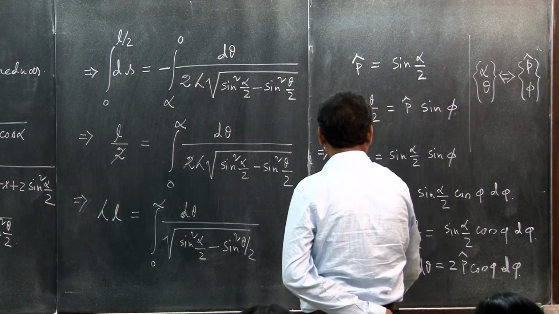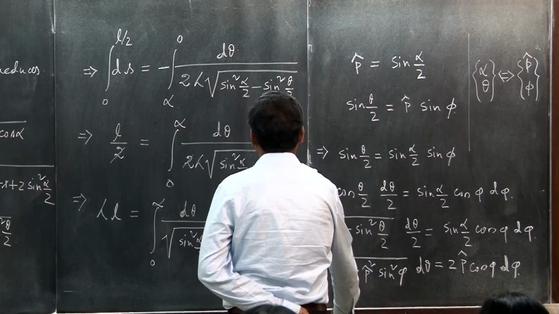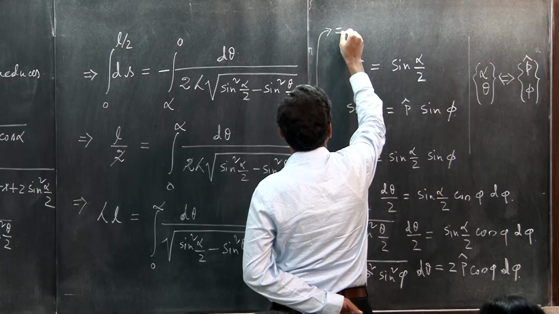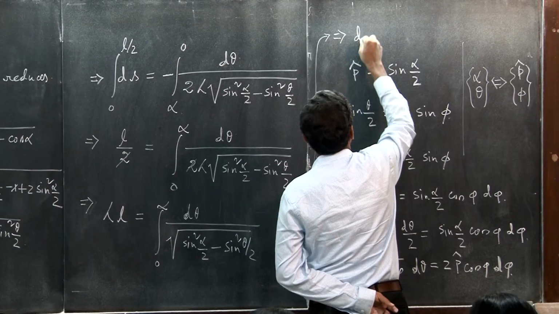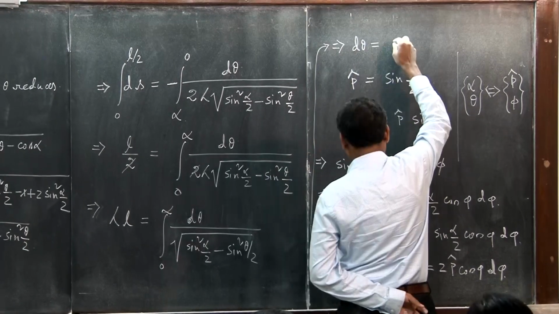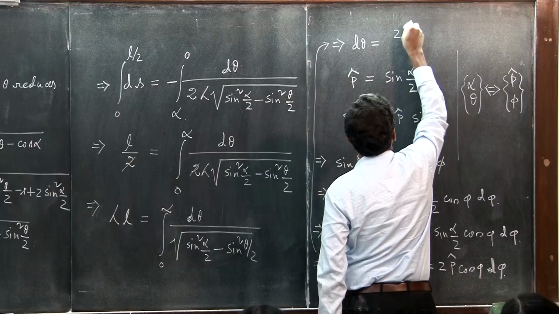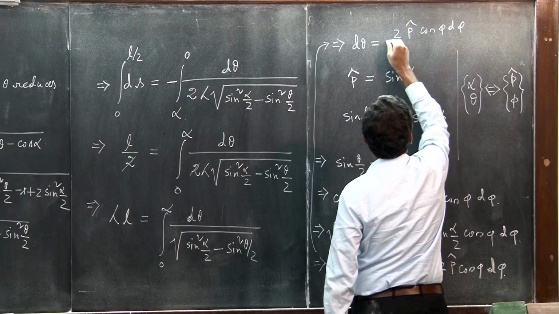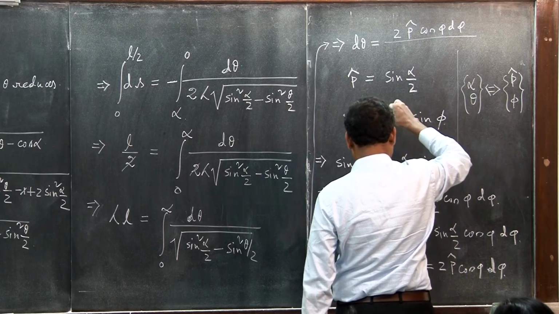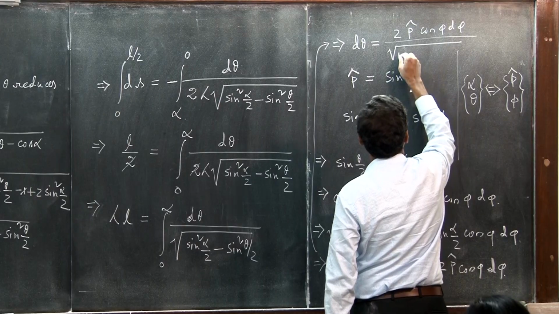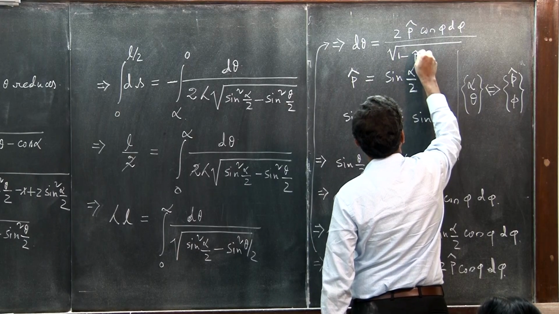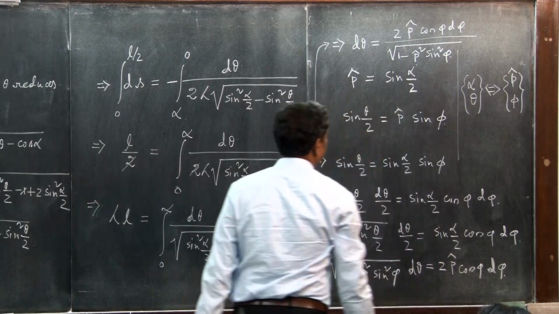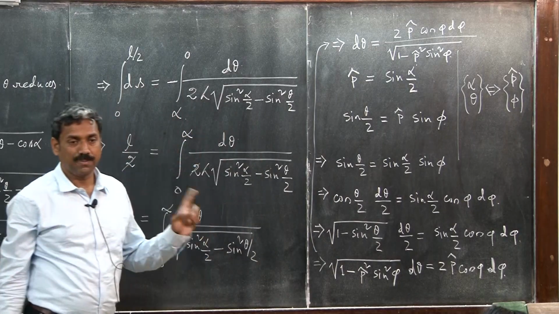So d theta is 2 p cos phi d phi divided by root 1 minus p square sin square phi. Clear? So do you see how from alpha and theta we are going to p and phi?